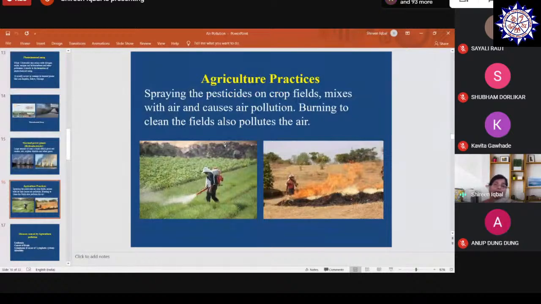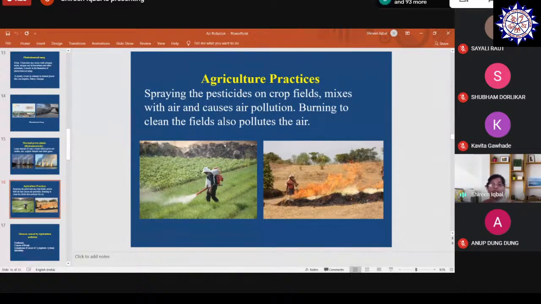Agriculture practices or agriculture pollution. So farmers, they are spraying the pesticides on their crop fields just to protect them from pests. है ना, नहीं तो वेजिटेबल, फ्रूट्स, क्रॉप फील्ड हो, उसमें पेस्ट लग जाएंगे तो उनका लॉस होगा.